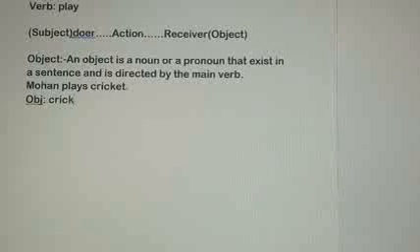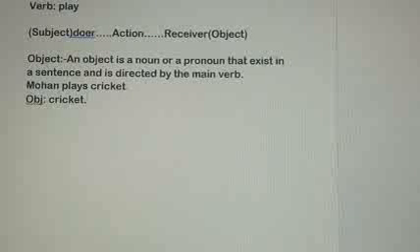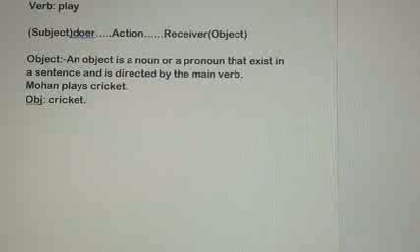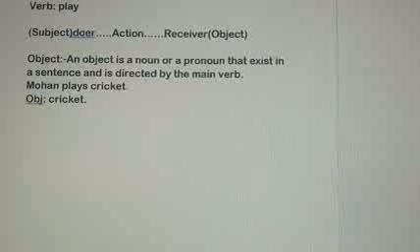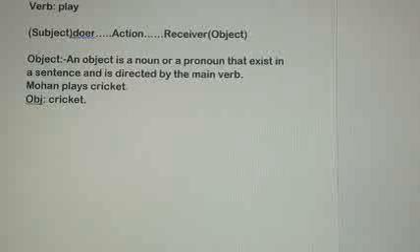But how can we say that cricket will be an object? How can we find the object? What is the way to find an object? So my dear children, to find an object, there is a very little trick that I want to give you.